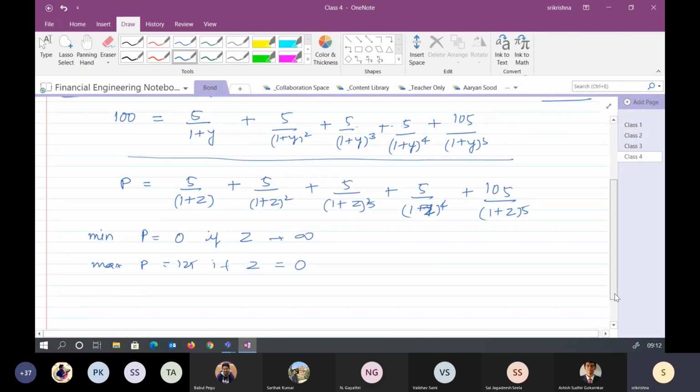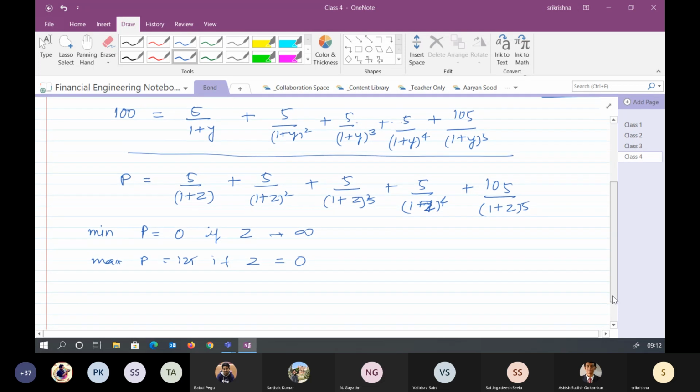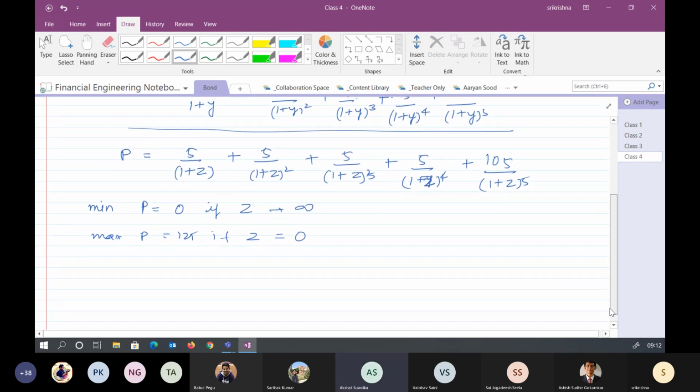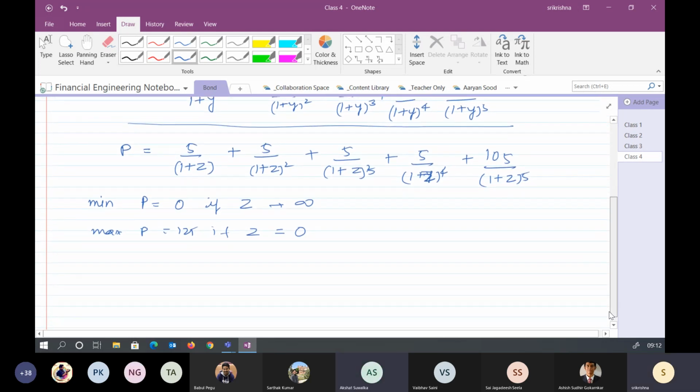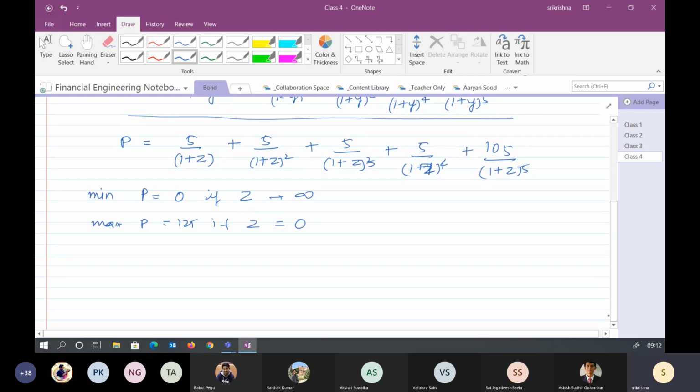Do you agree with this? Yes, sir. All of you, do you agree that the maximum would be 125 and the minimum will be 0?